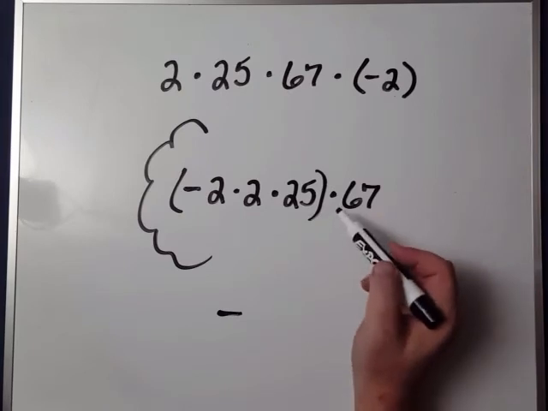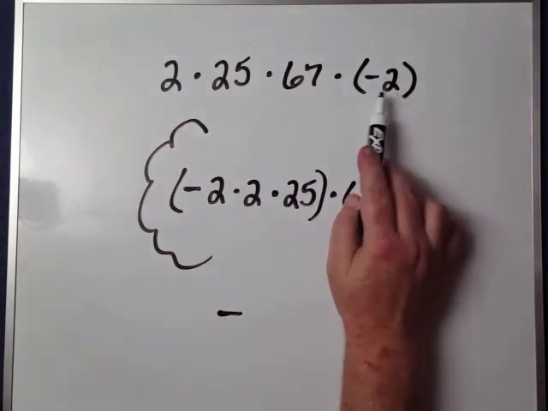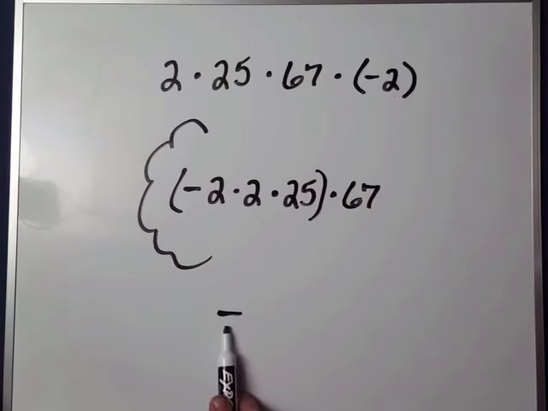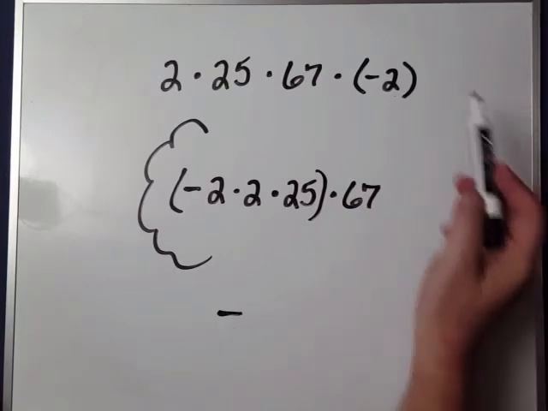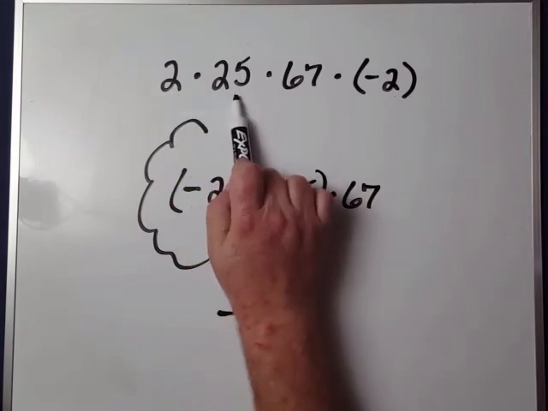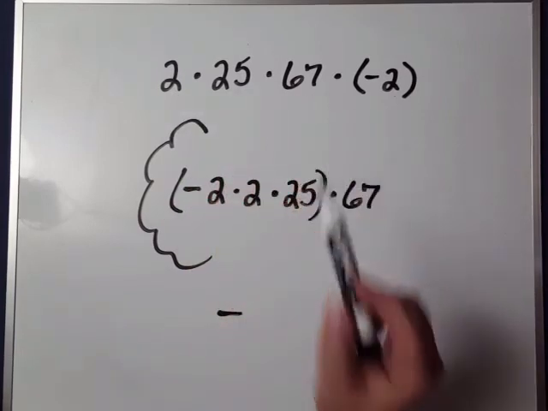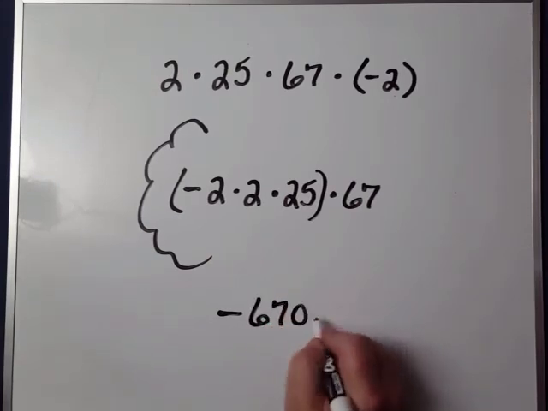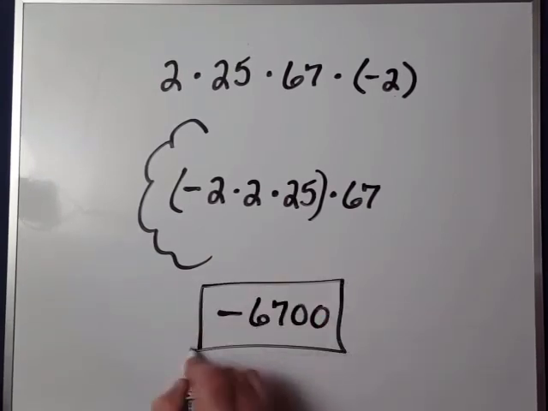So in my head, I see an odd number of negatives. My answer will be negative in this multiplication problem. I see 2 times 2 is 4 times 25 is 100. And then 100 times 67, well, 6,700. And again, it is negative.